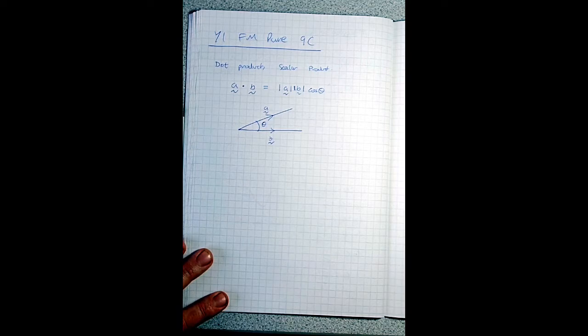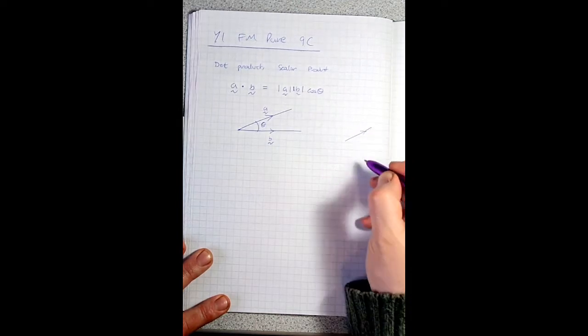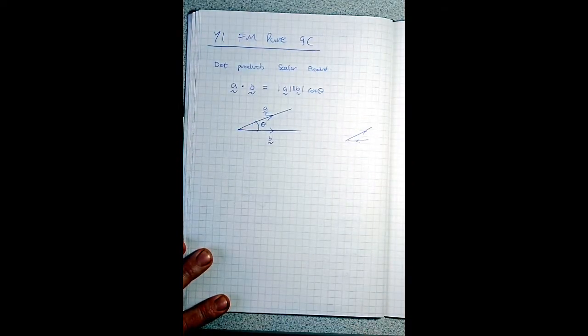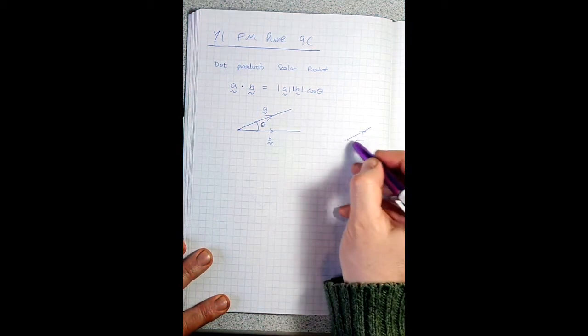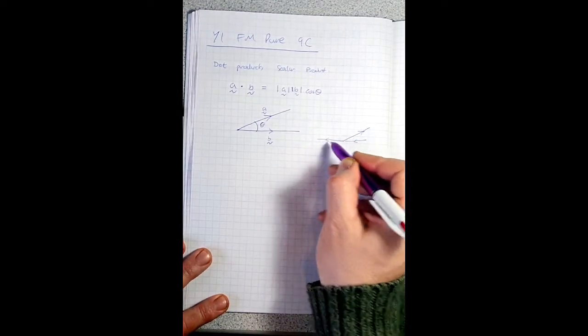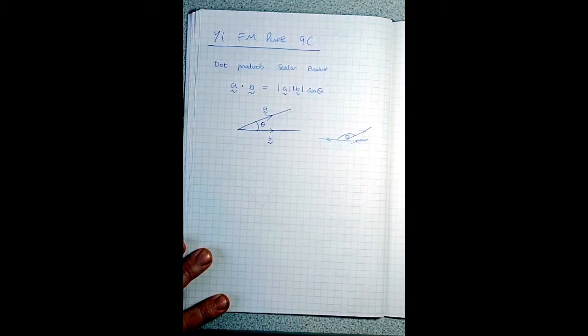If you look back at example 10, it has a vector going away from a point, a vector going towards a point. So if I moved the vector going towards a point so that it was going away from the point, theta would be that angle there.